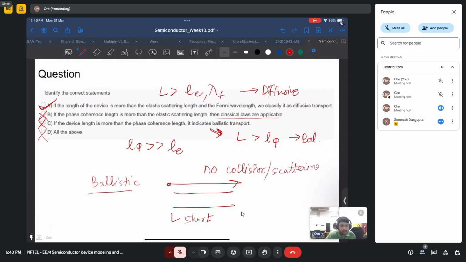That means the mean free path or the scattering length of the electron is much more. That means Le, or whatever you call it, lambda, MFP, mean free path, is greater than the channel length itself. So within this channel length, there are no scattering events faced by the electron. So the mobility is very high. This is known as ballistic transport.